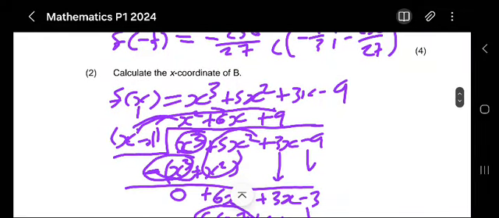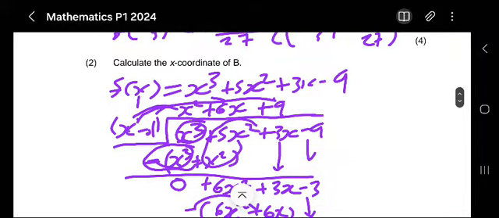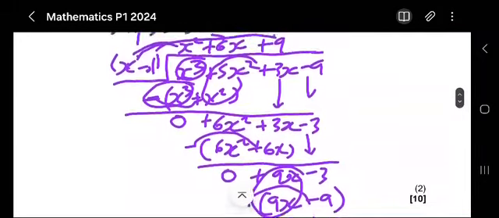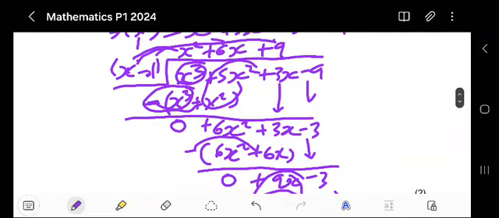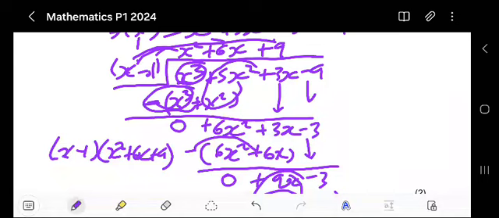So as you can see, what do we have there now? We have these factors of x squared plus 6x plus 9. Then you factorize this.